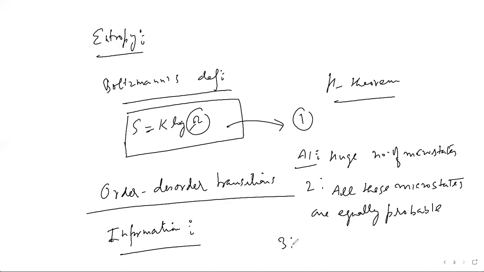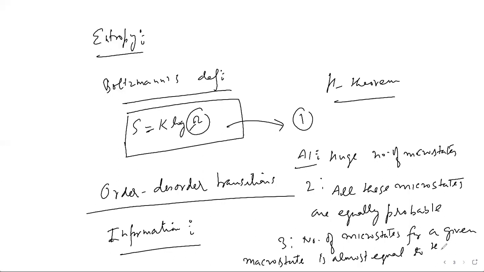Out of equilibrium systems, we are not going into detail right now, but in equilibrium, the number of microstates for a given macrostate is almost equal to the total number of possible microstates. That's the assumption, right?